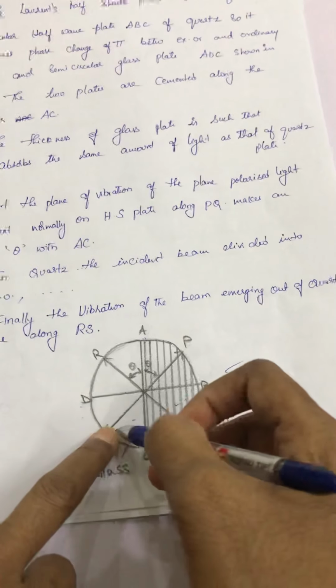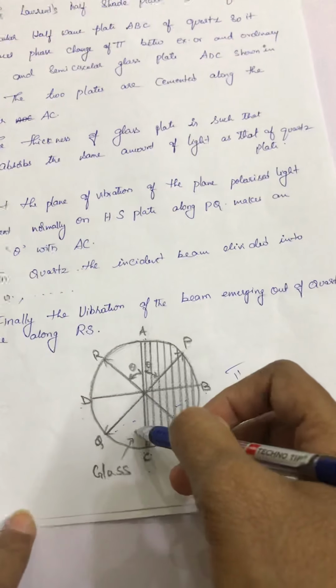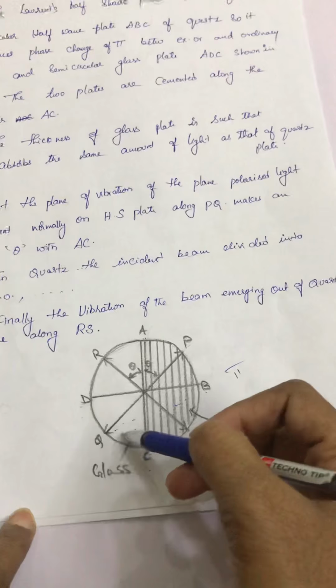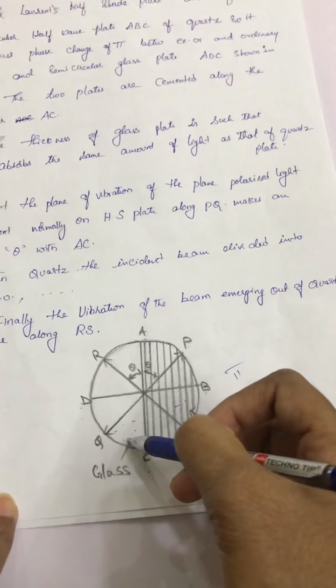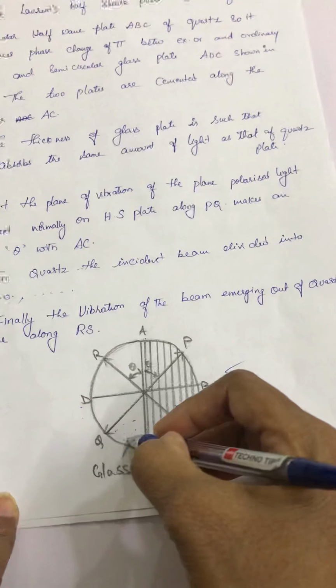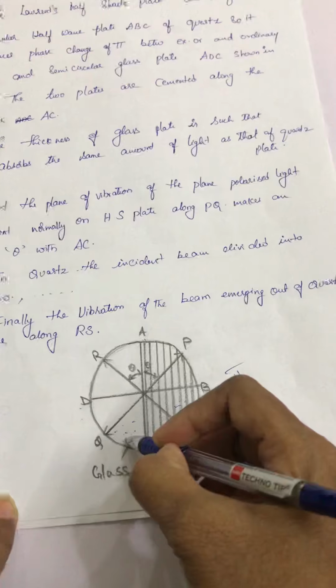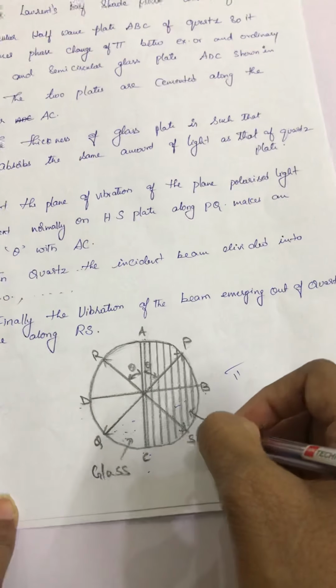First of all, the thickness of the glass plate is to be taken such that it absorbs the same amount of light as that of the quartz plate.